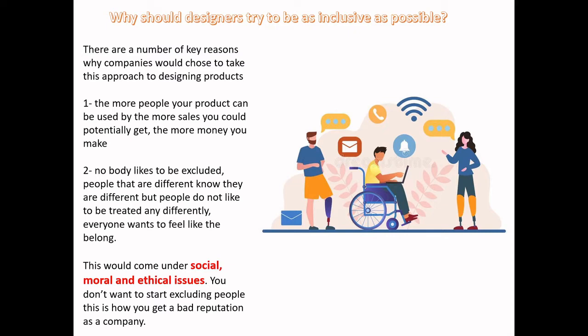The second one really would fall under what's called social, moral, ethical issues, which we will cover as a theory later on in the year. But basically, some companies care very greatly about their social, moral, ethical views, and if you start excluding certain people, companies can get bad reputations. There was, I can't remember what it was, a clothing company, Abercrombie and Fitch, maybe.